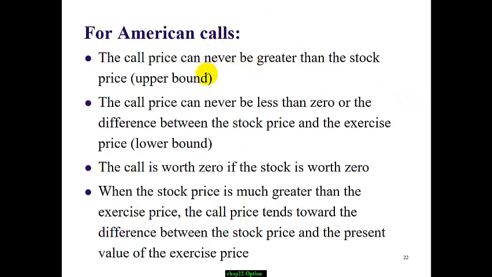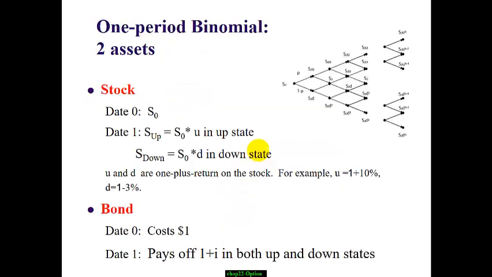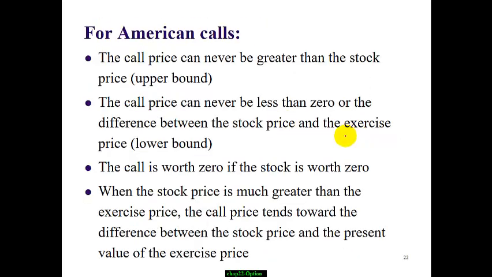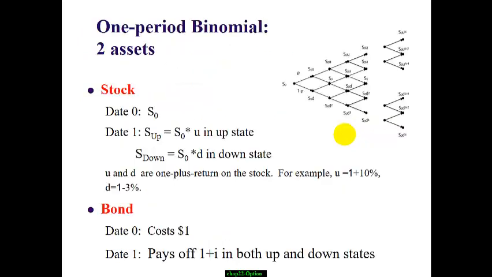So we could only say so much about the boundary, such as the call price can never be greater than the stock price, or the call price can never be less than 0. If the underlying stock is 0, the call is worthless. These are just the basic, rough things we can claim for American options.